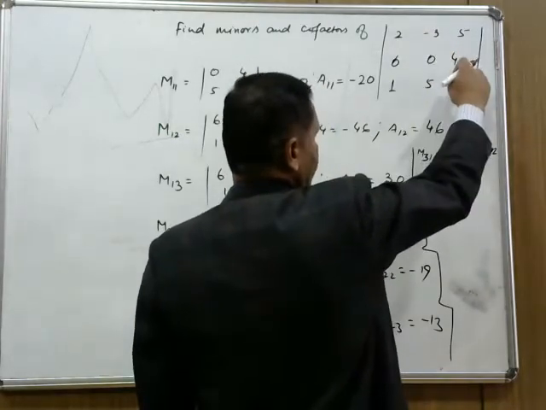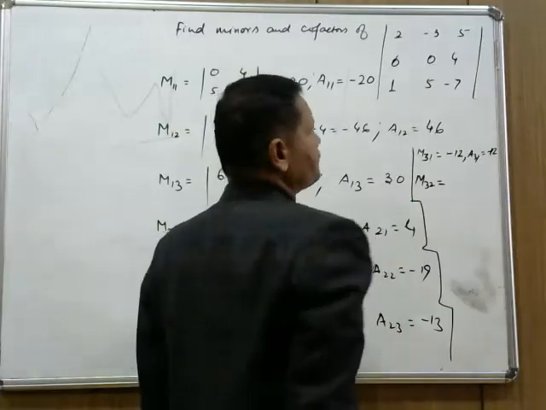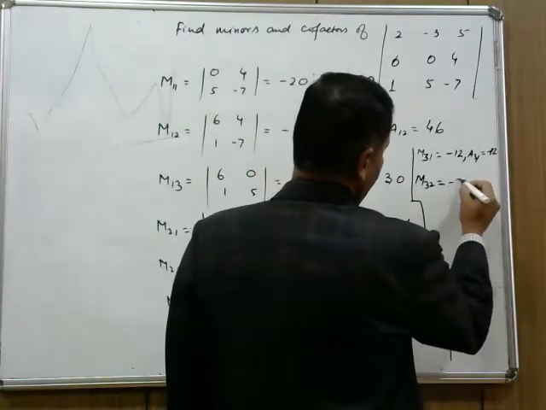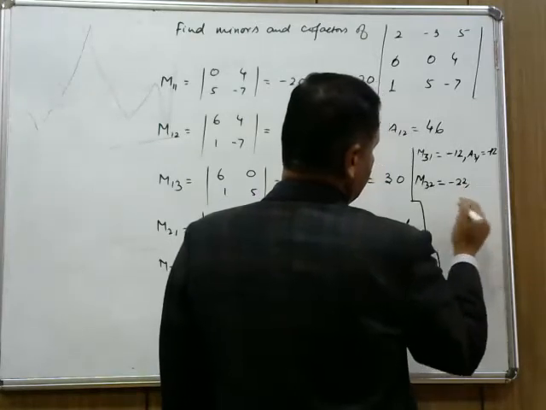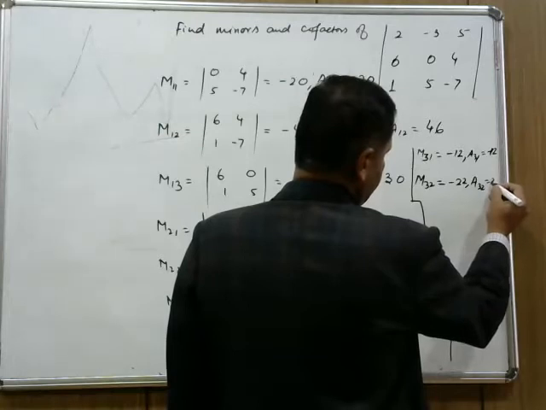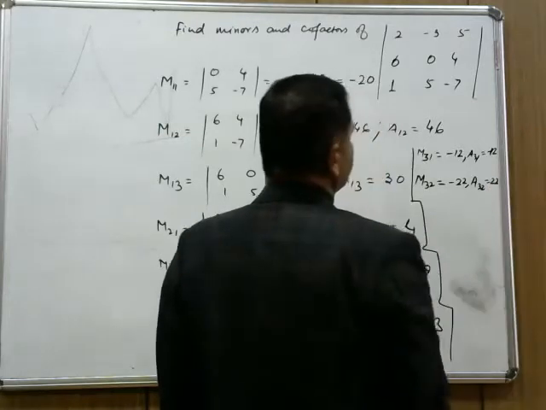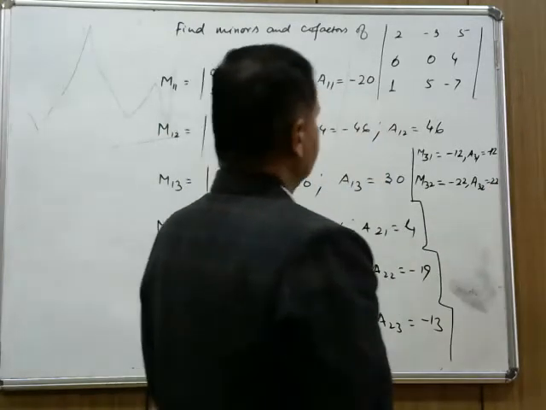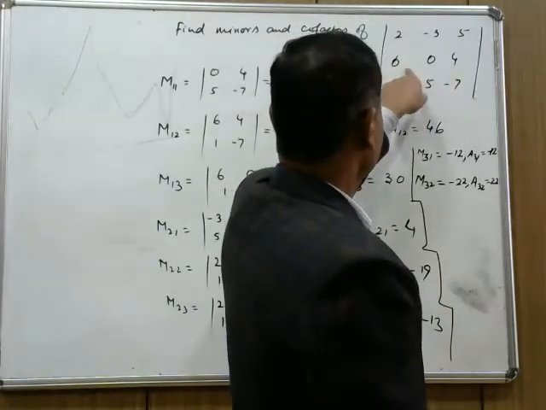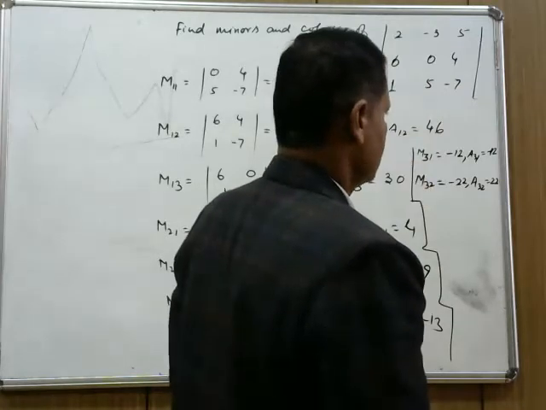Now 2 4s are 8 minus 30, 8 minus 30 is minus 22. So now minus 22, and therefore the value of A32 will be positive 22. Right, 8 minus 30, yes, minus 22.